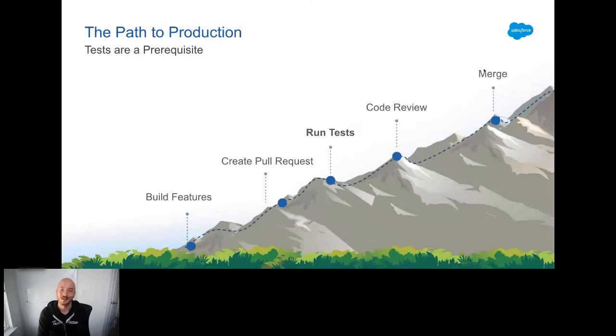If you're on a team of mine and I'm a senior engineer and you ask me for code review and your code has not run through tests, I won't take a look at it. Your code must run all tests and run them successfully as a prerequisite for code review. And if you're not doing this in your pipeline, I definitely would recommend that you do that.